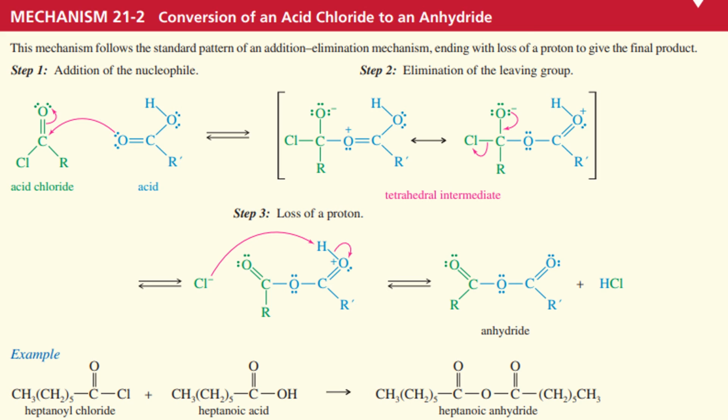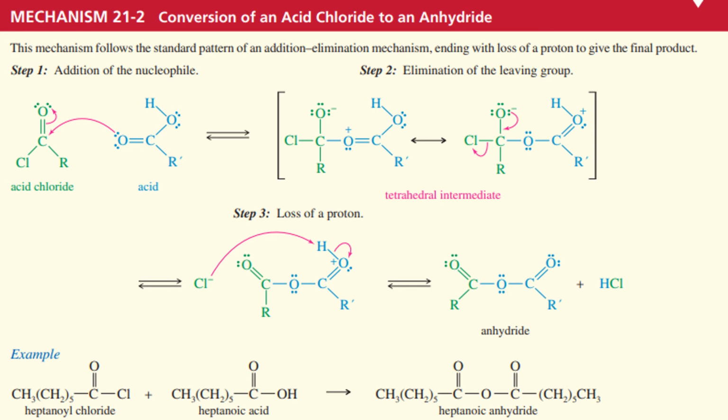Conversion of an acid chloride to an anhydride. Acid chlorides are the most reactive acid derivatives, so they are easily converted to any other acid derivative. Acid chlorides are often used to synthesize anhydrides, esters, and amides. Acid chloride reacts with carboxylic acid or its carboxylate salt to form anhydride.